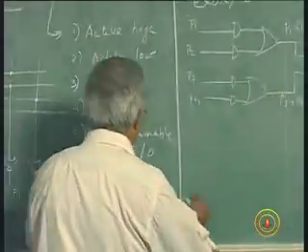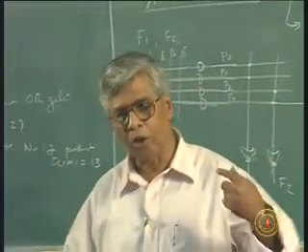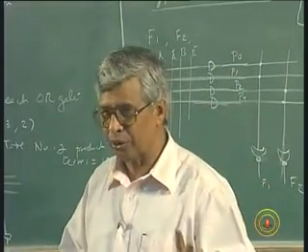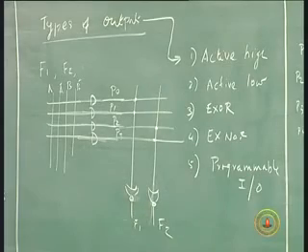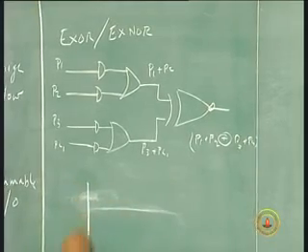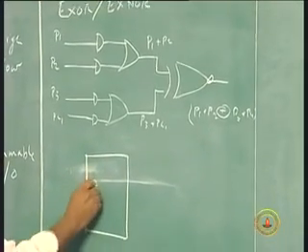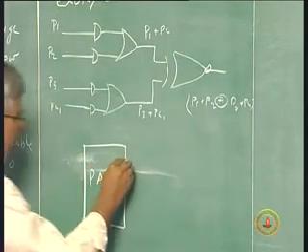So I said I want only 4 of the 8 outputs available, but I want those 4 outputs to be used as inputs. Is that what I said? Okay. So this is a pin which is normally an output pin. This is my device, PAL, in which an output is coming.